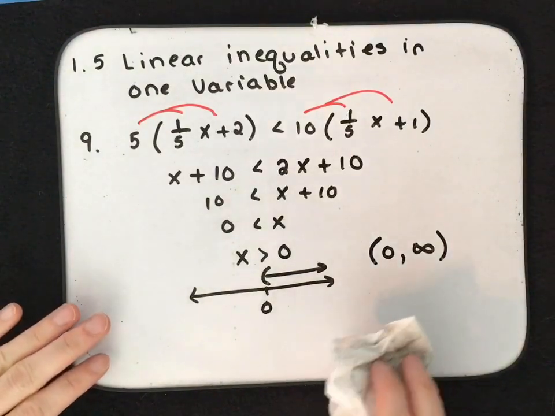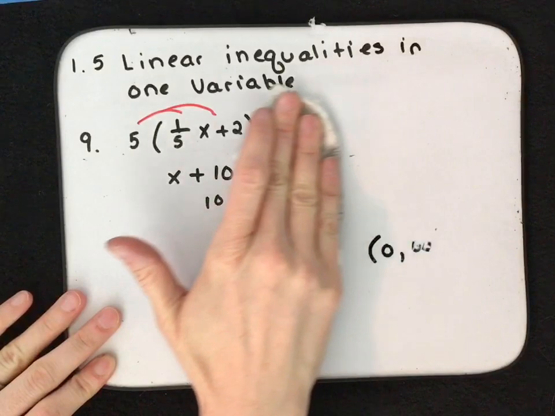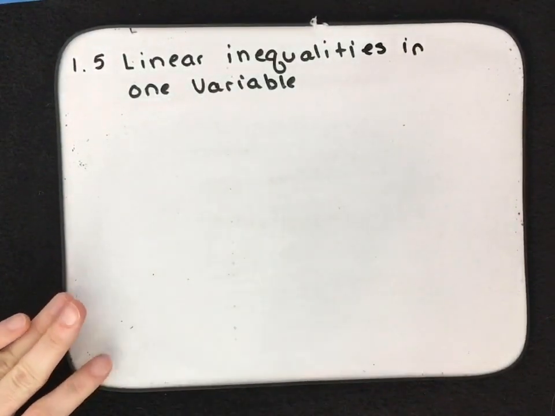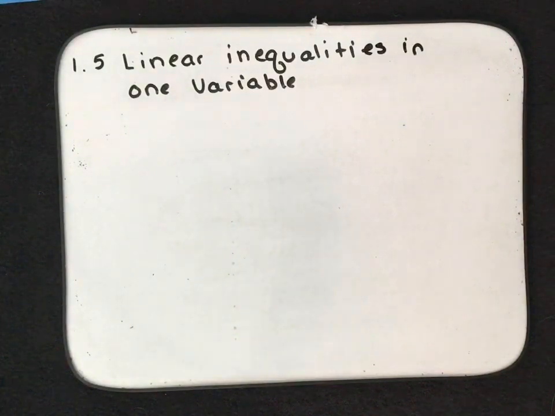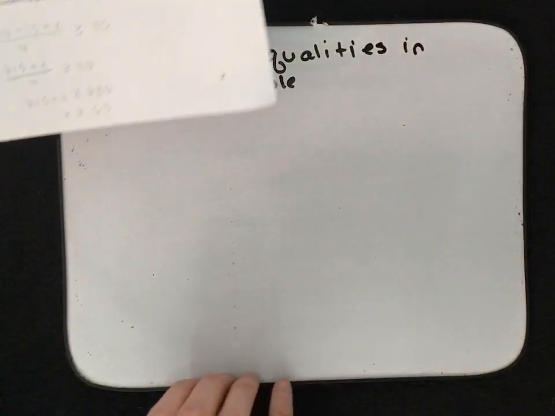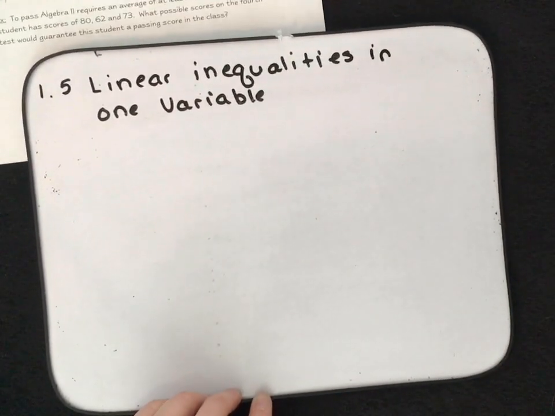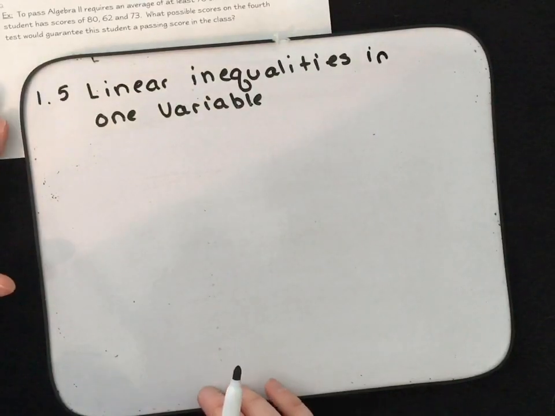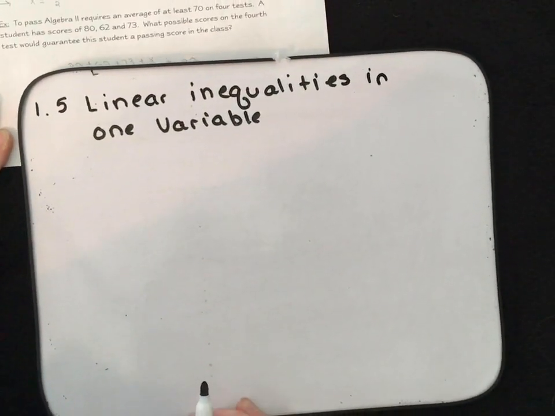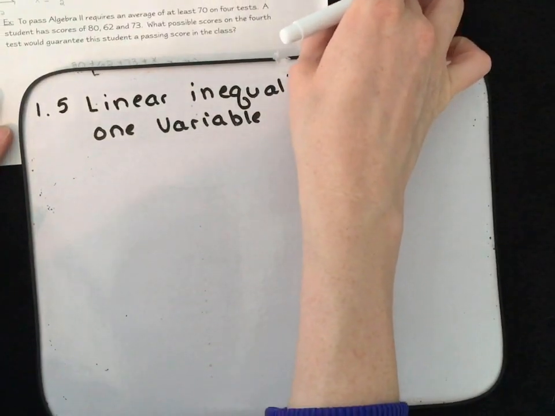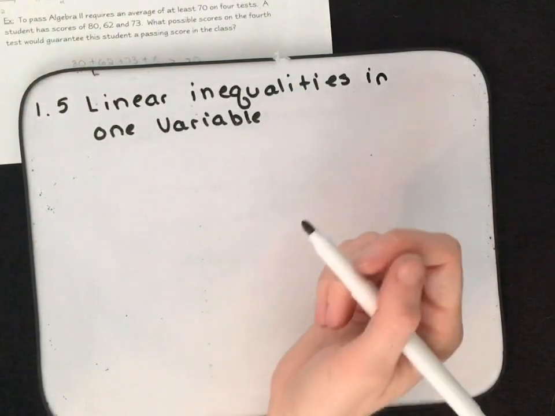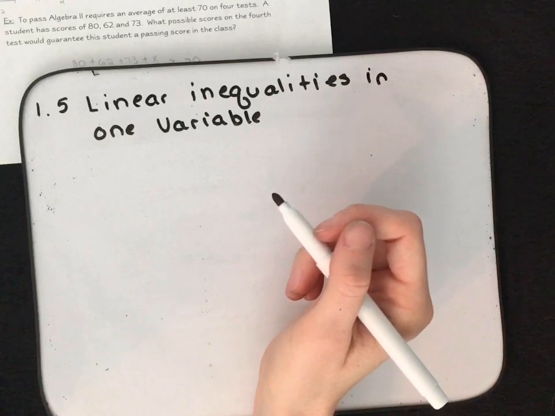Let's look at this in an application. So our question says, to pass Algebra 2 requires an average of at least 70 on 4 tests.